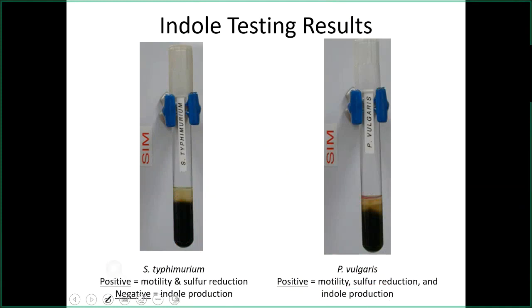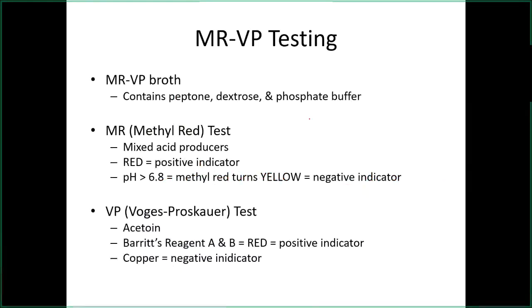Sorry, I erased it all. But yeah, this one is indole positive. I'm sorry, I spelled that wrong before. Positive. All right. This is indole negative. Okay. All right, so you got the indole testing. As I said, you get a lot of mileage out of that because using SIM agar lets you test also for sulfur reduction and motility. Pretty cool.